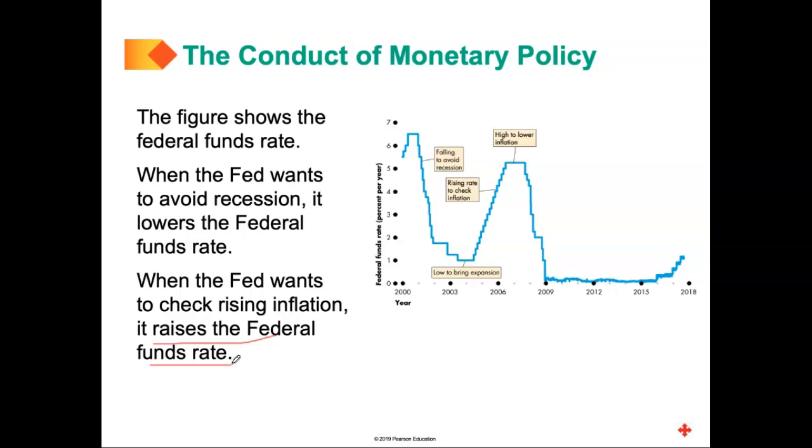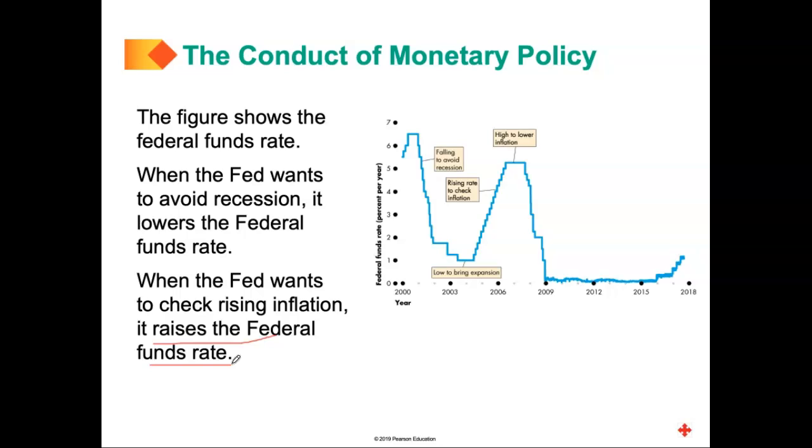When the federal funds rate is increased, banks don't borrow as much from each other, and they can't make loans to people like you and me. That discourages spending and the economy slows down. Also, when they raise the federal funds rate, market interest rates increase, people are more reluctant to go for a loan, and hence spending decreases.